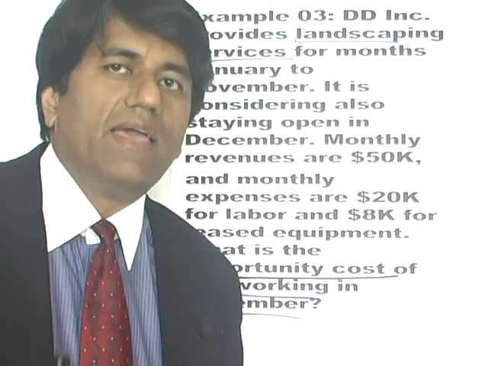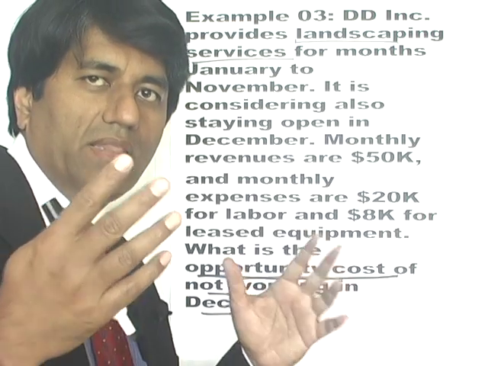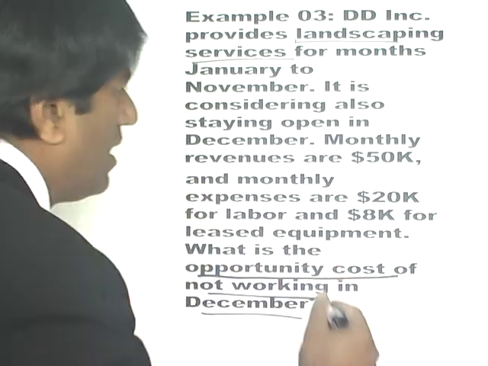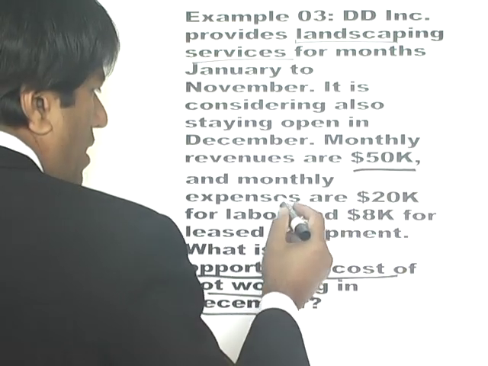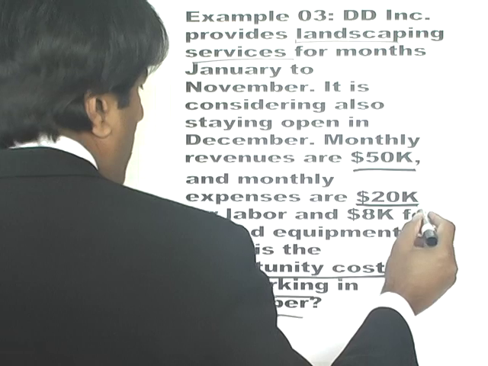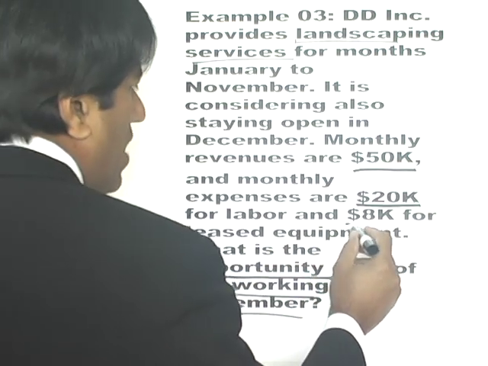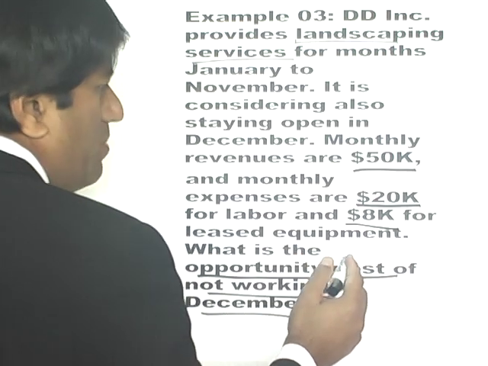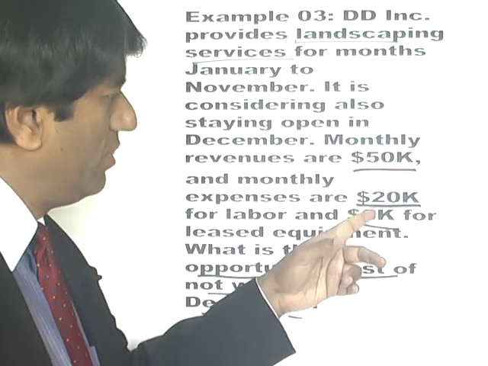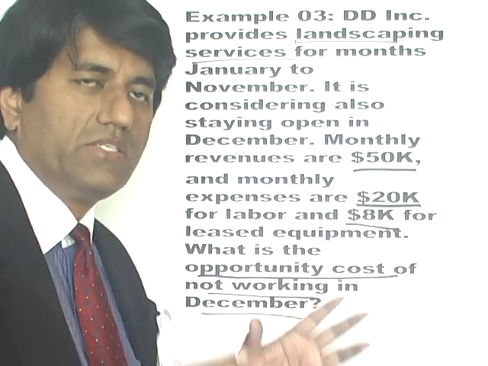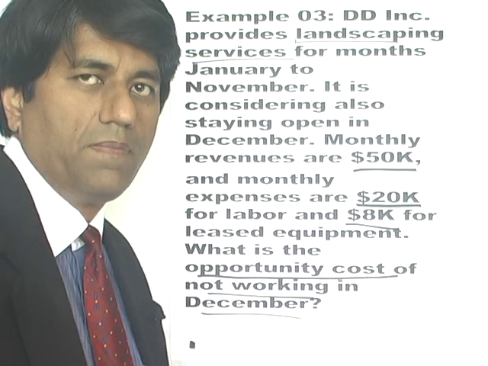And if the firm did operate, then it would earn the monthly profit: monthly revenues are 50,000, expenses are 20,000 for labor and 8,000 for leased equipment. So during a month, this firm generates 22,000 in profits.